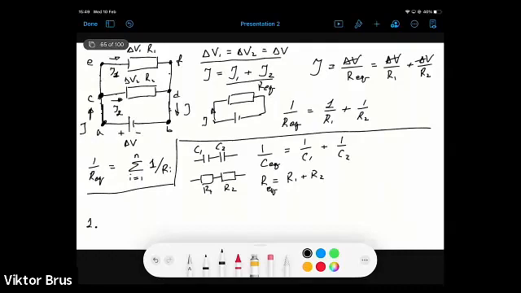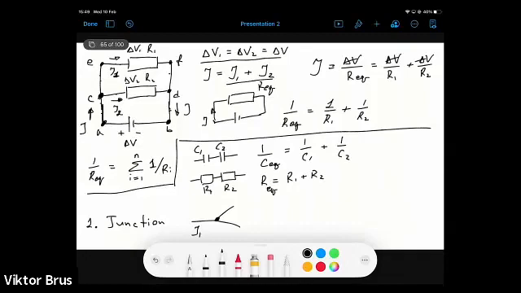One is the so-called junction rule, and it states that at any junction, so when we have one wire and then it splits in two, this point is called a junction. At any junction, the sum of all currents must be zero.